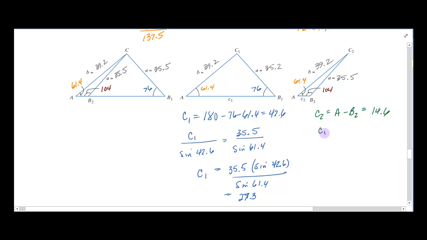When I want to know side C2, I divide that by the sine of C2, which is 14.6, and we'll just use this same ratio for A's, 35.5 divided by the sine of 61.4, and we find out C2 is equal to 10.2.